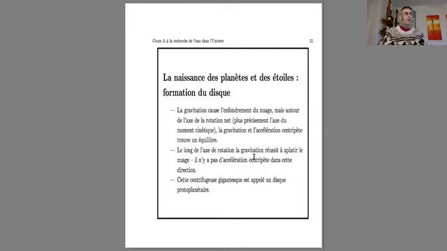The centrifugal force is very familiar to you. It's the force you feel when you're standing on the bus and the bus goes around the roundabout, and you're pushed outwards, away from the center of the roundabout. That's the centrifugal force.